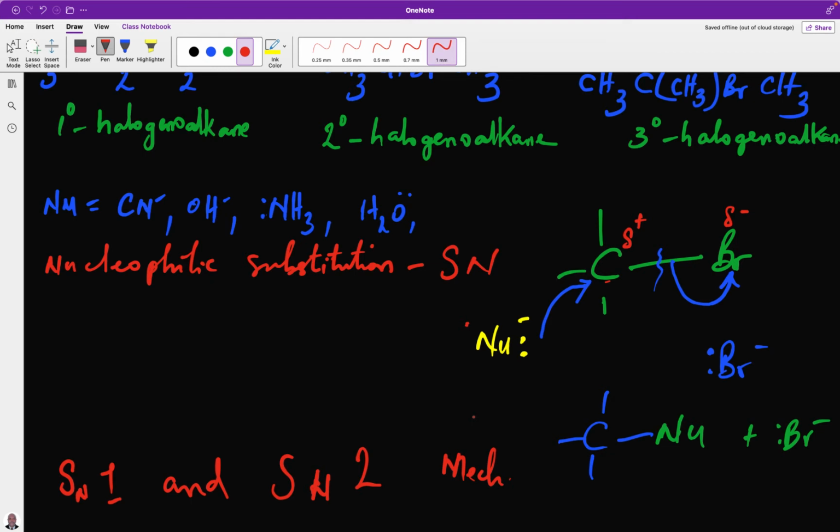Summarizingly, learners, if you are given a question asking what mechanism a reaction would undergo, the first thing is to look at the structure of the halogenoalkane, whether it is primary, secondary, or tertiary. Depending on the structure, you will determine whether it undergoes an SN1 or SN2 mechanism. Let's start with the SN1 mechanism.